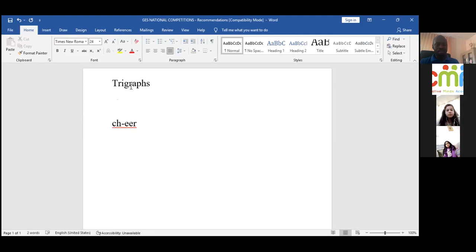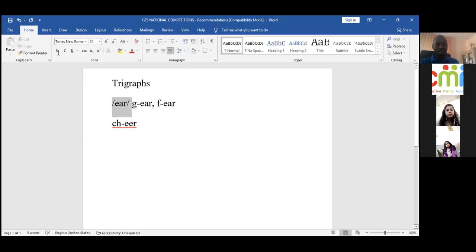The main sound is ear, this is the mother sound. For example, in the word jeer we say ear, and in the word fear we say ear. So this sound has its alternatives.